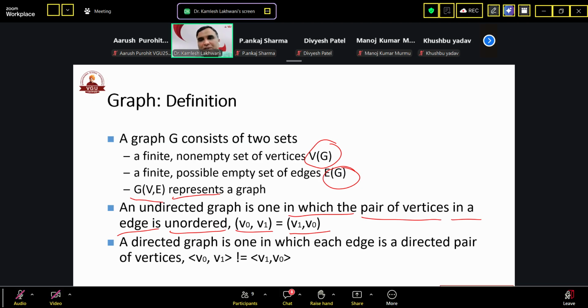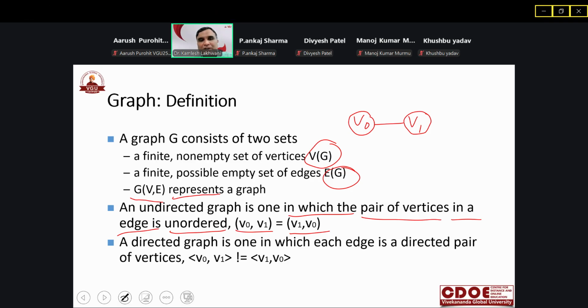For example, this is vertex V0, this is vertex V1. These are the two vertices, and if they are connected, we cannot identify the direction of it. So it is called an undirected graph. The edge is unordered. There is no arrow in the edge. That means the edge between V0 to V1 is equivalent to V1 to V0.